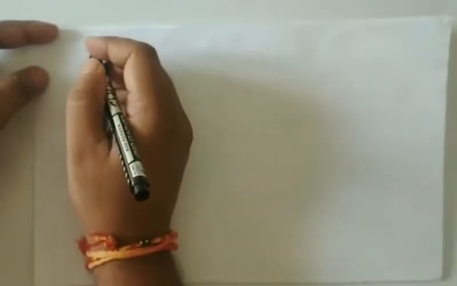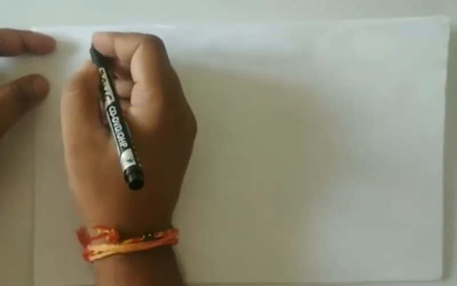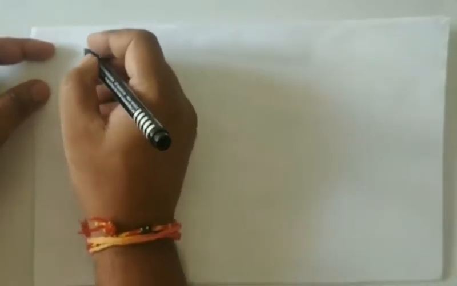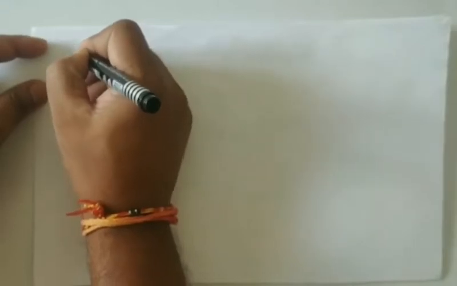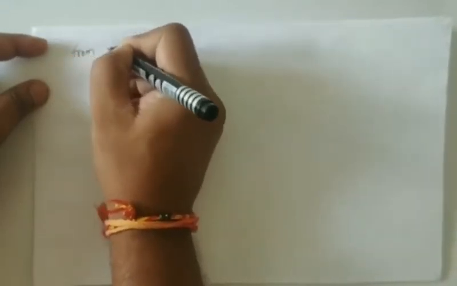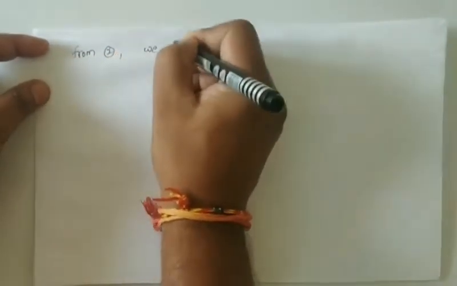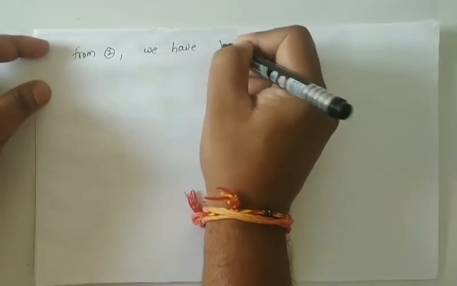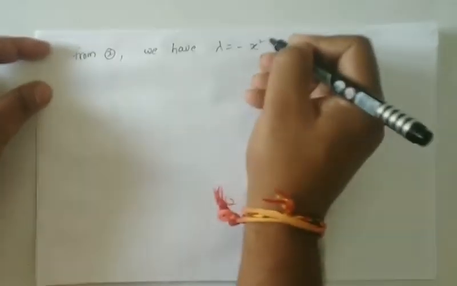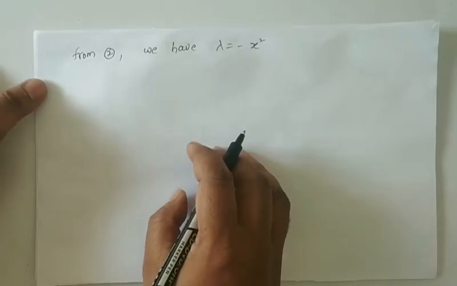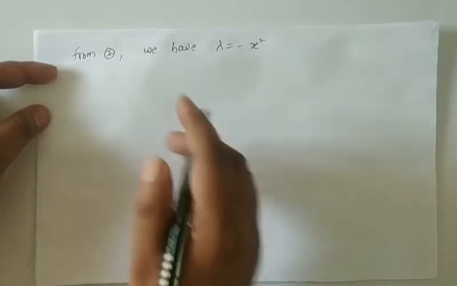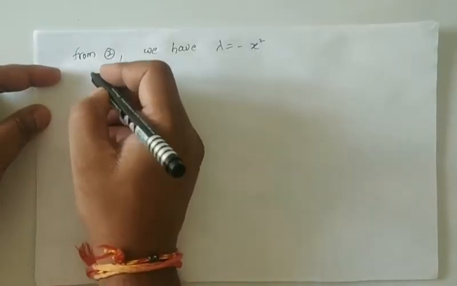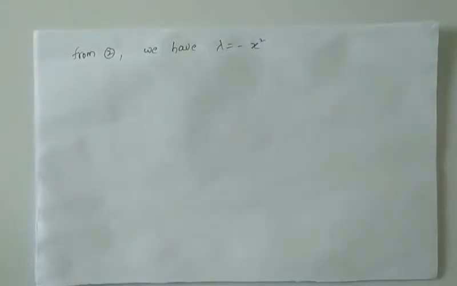Okay students, now let us solve equations 1, 2 and 3 for x, y, lambda. From equation 2 we have lambda is equal to minus x square. Next, let us substitute lambda equal to minus x square in equation 1.